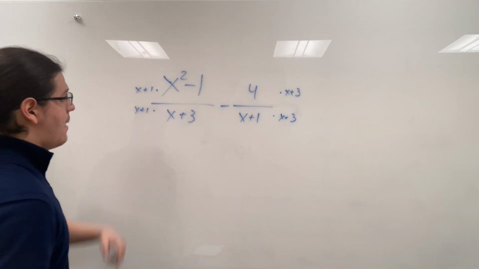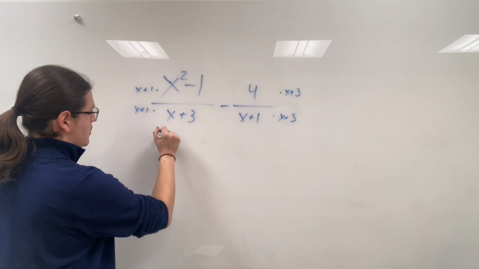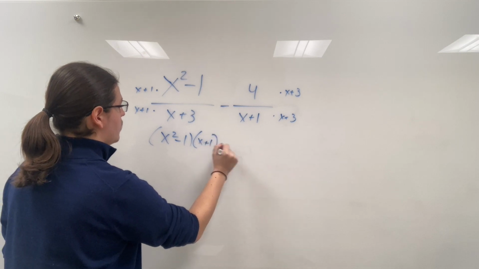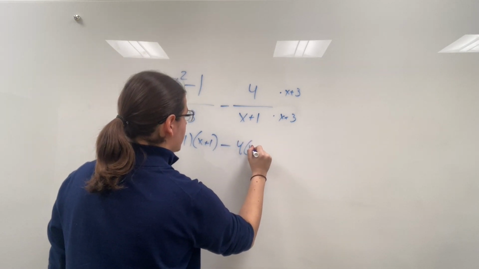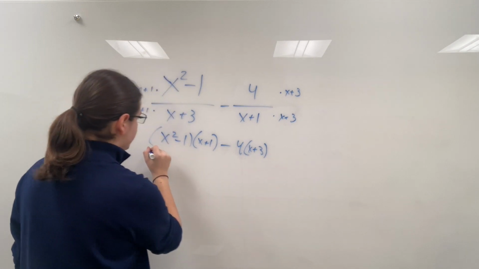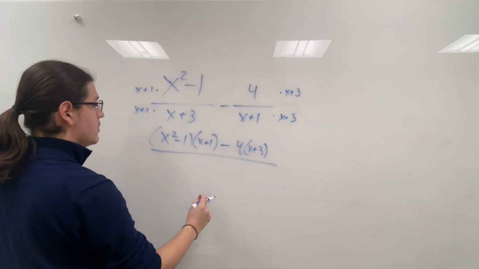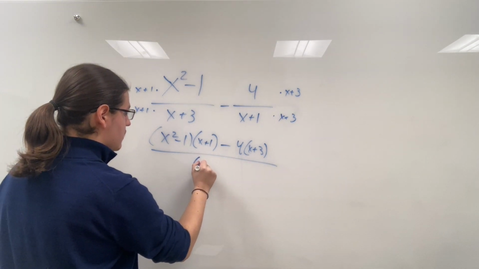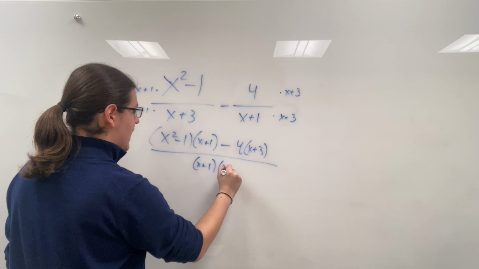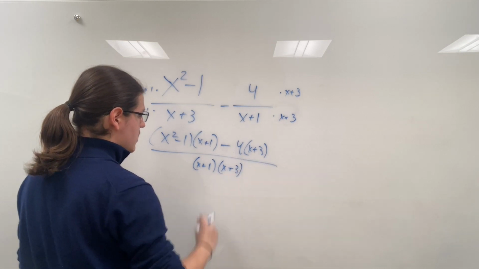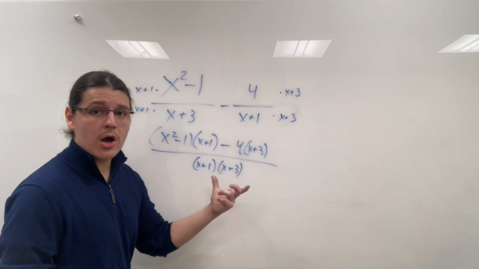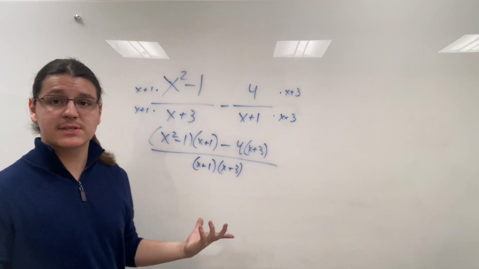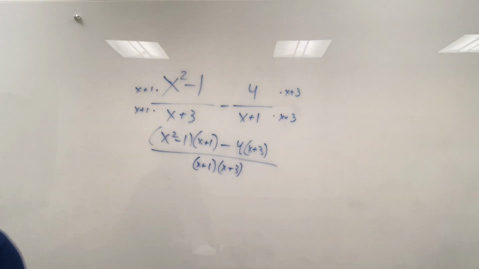So on the top, we have x squared minus 1 times x plus 1 minus 4 times x plus 3, all over x plus 1 times x plus 3. Very ugly, right? But I'm just trying to show the process of getting it all done.